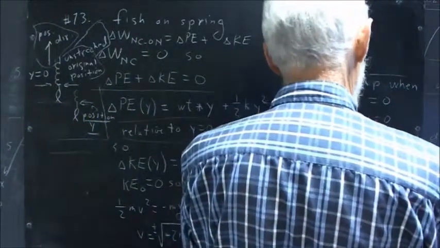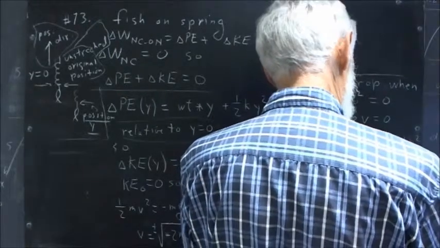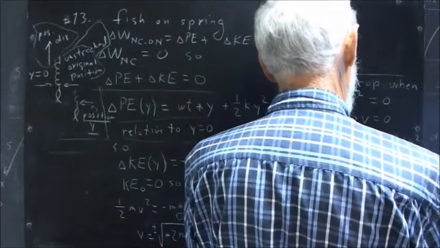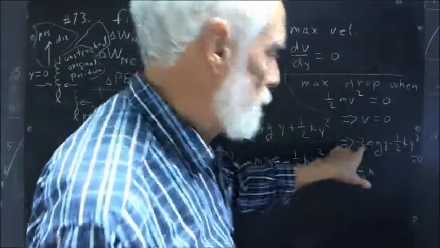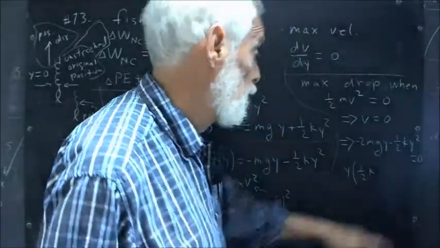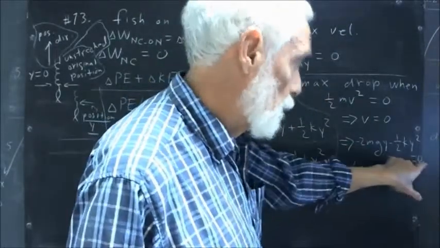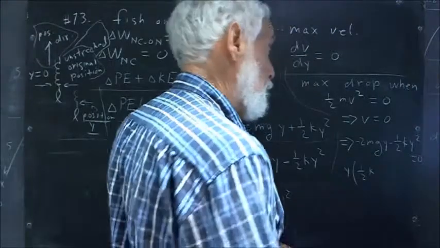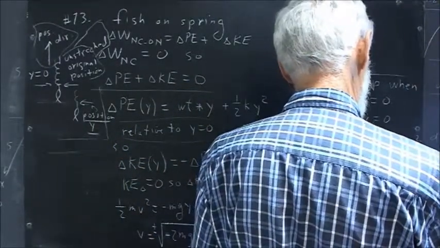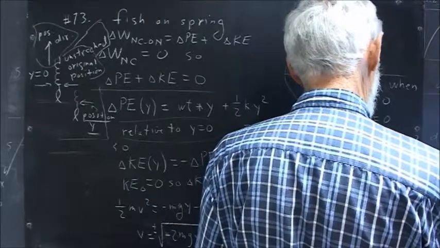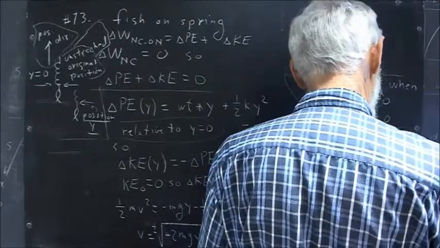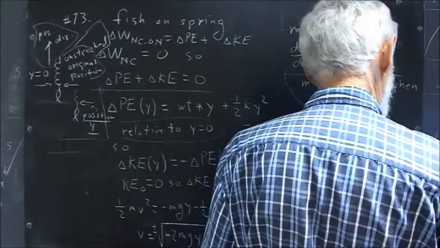We factor out y. I'm going to factor out the y, and I'm also going to multiply this by a negative, so I don't have to worry about negative signs. This is equal to 0, so multiplying both sides by negative, we're still going to get equality with 0. So we get y times 1/2 ky plus 2mg equals 0. I left my y off of this because I digressed there.